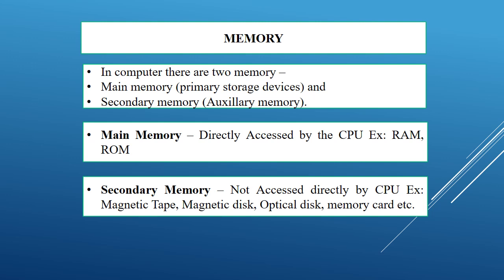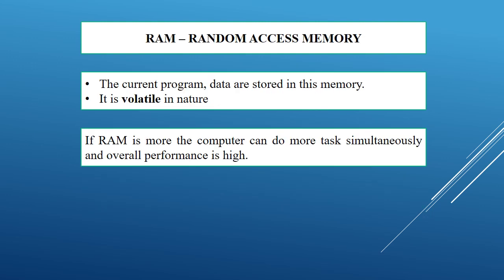Secondary memory is not accessed directly by the CPU, for example magnetic tape, hard disk, CD, DVD, pen drive, and SD card. Only the primary memory will be directly accessed by the CPU. This is the difference.